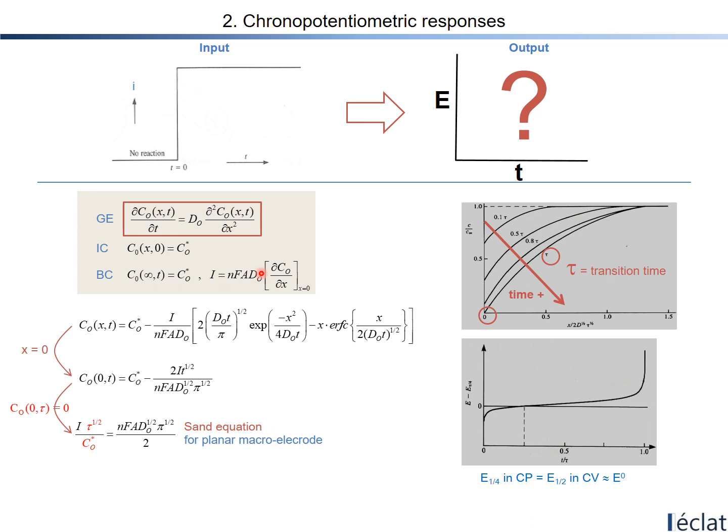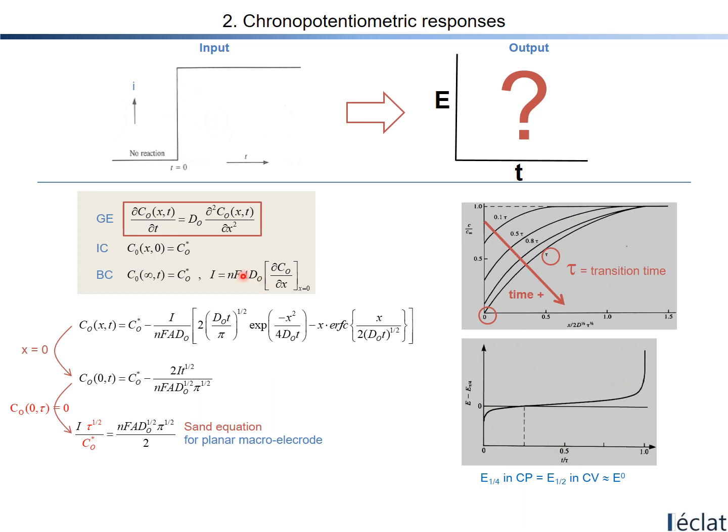In the chronoamperometric responses, I have said we should have the zero concentration of oxidized species because we have applied a very large negative potential into the system. Every oxidized species is totally converted to the reduced species.